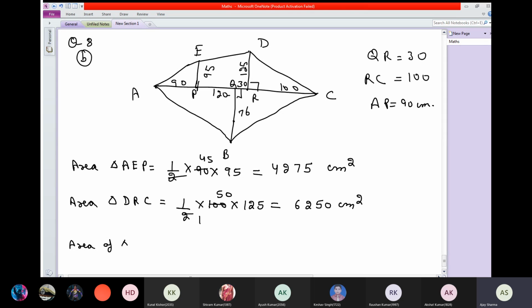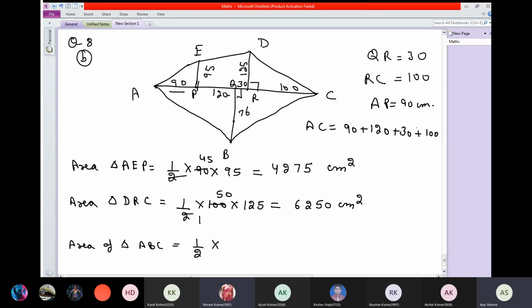Now one more. Area of triangle ABC. 1/2. What is the base right now? Sir, is 120. 90 plus 120 plus 30 plus 100. No. Base is your AC. AC is your base. AP is the 90 plus 120 plus 30 plus 100.